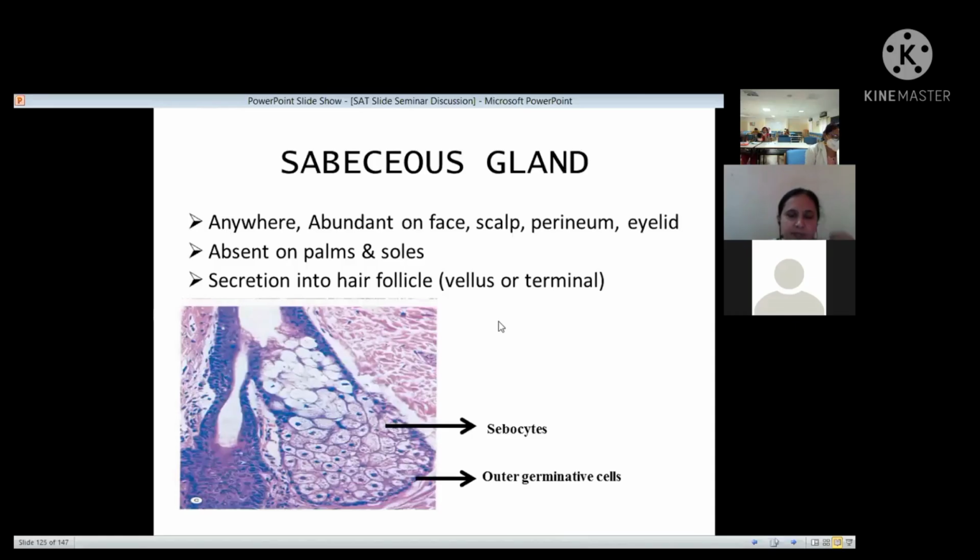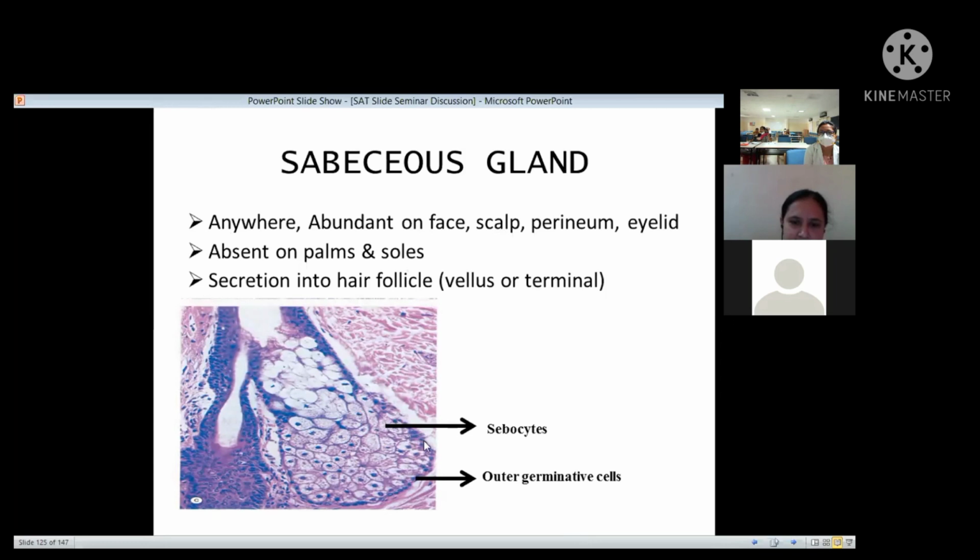Before going to the slide, let us just know about the sebaceous glands. Sebaceous glands are present everywhere, but they are absent on the palms and soles, because we know they are always associated with hair, be it terminal hairs or vellus hairs. So the size of the hair doesn't matter, and these glands open into the hair ducts.